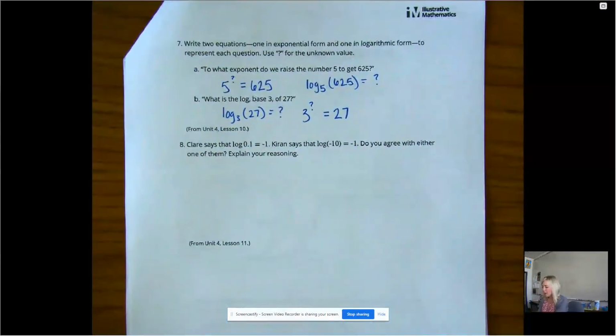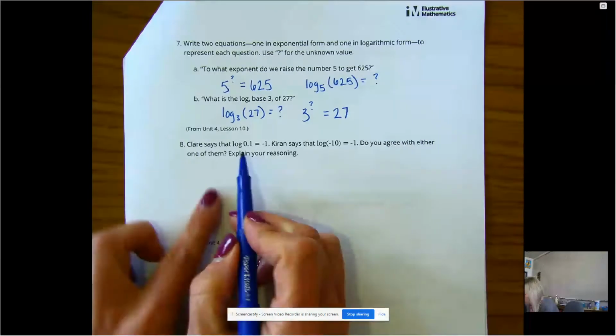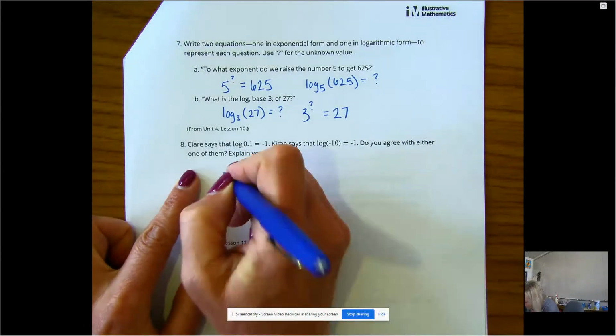And finally, number 8. I'm just going to use my calculator for number 8 to settle it between Claire and Kyron. Claire says the log of 0.1 is -1, and Kyron says the log of -10 is -1. So thinking about this in exponential reasoning, oh, that's right, without a base written, the log is base 10.